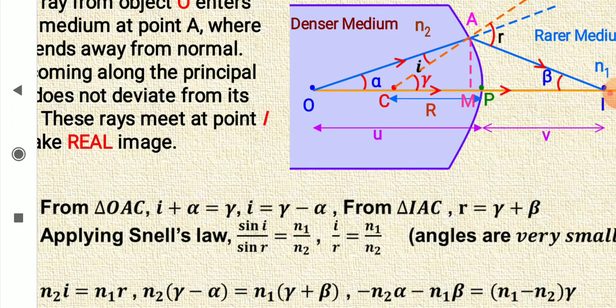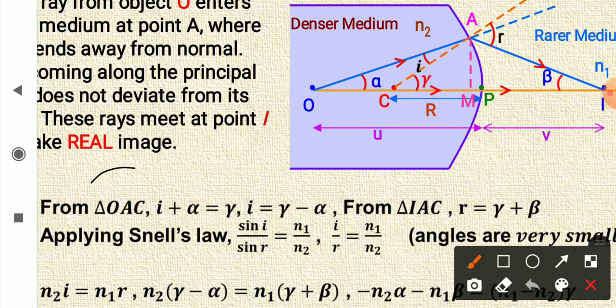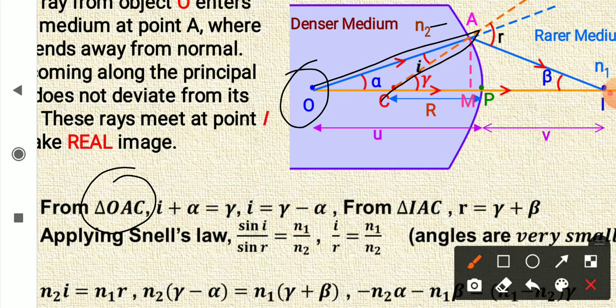Okay. Now, from triangle OAC, if you look at this triangle, you can see that gamma is the exterior angle and alpha and I are interior opposite angles. So exterior angle gamma is equal to I plus alpha, this equation.